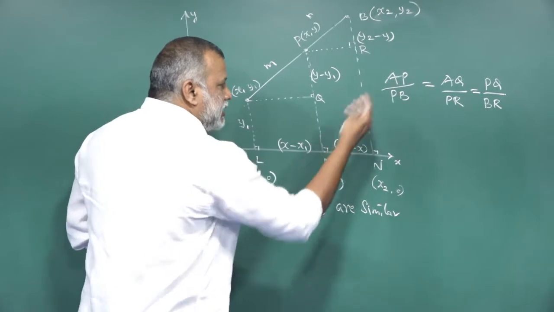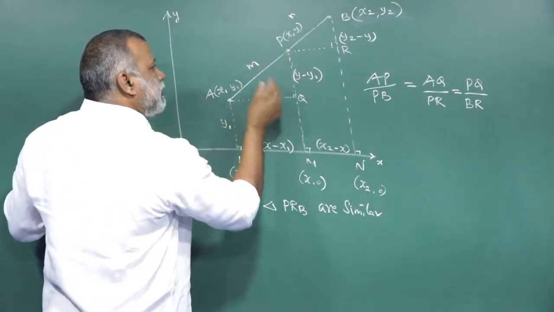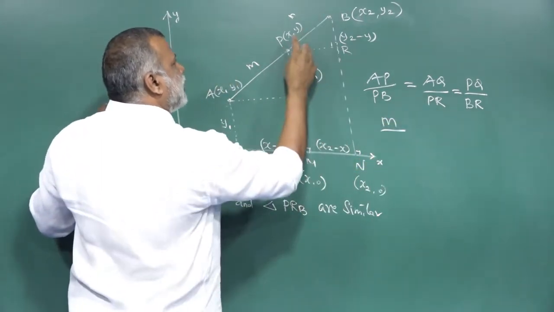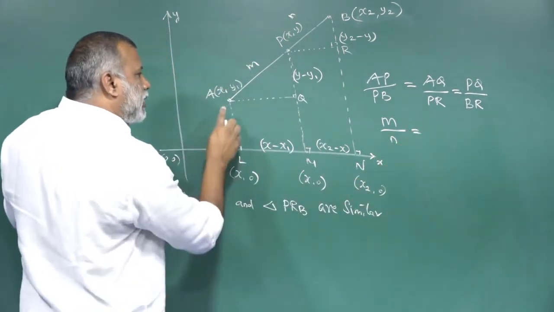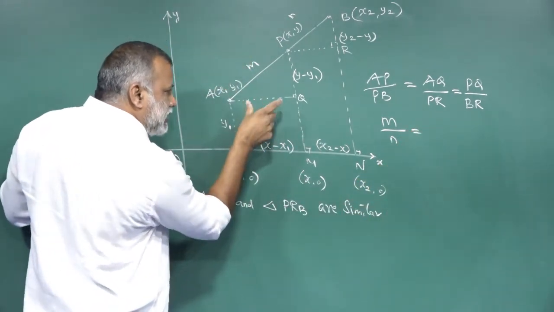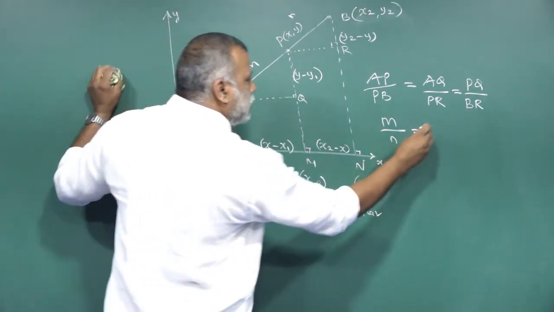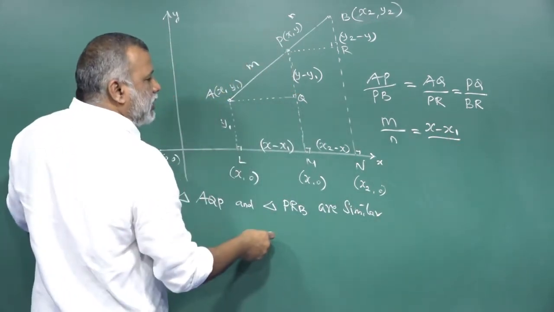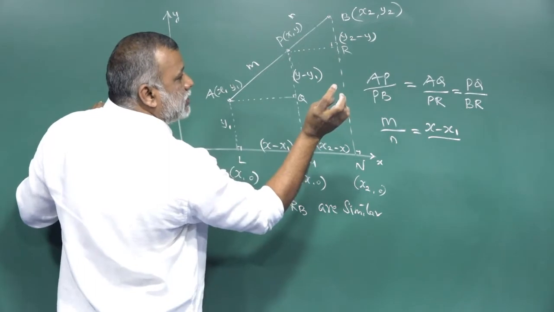Now listen, I can substitute the data. What is the value of AP? That must be the ratio m. What is the value of BP? That must be the ratio n. That is equal to AQ over PR. AQ is equal to LM, already we worked out x minus x1, divided by PR.